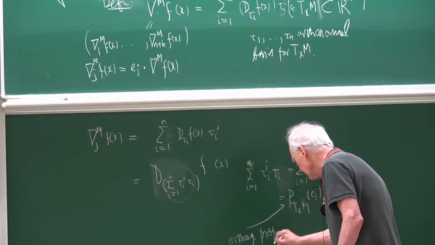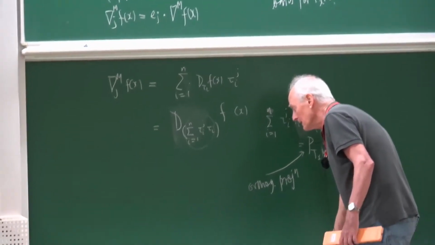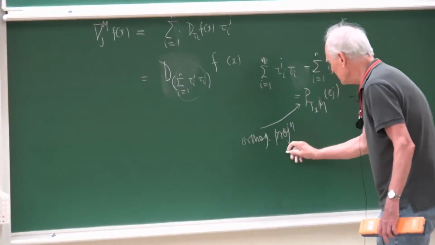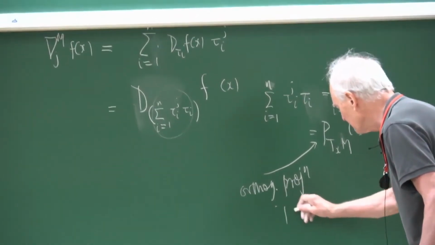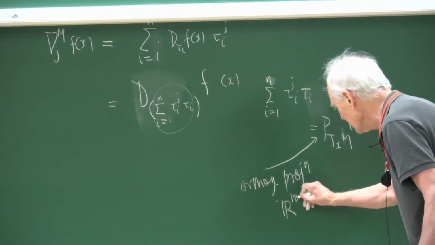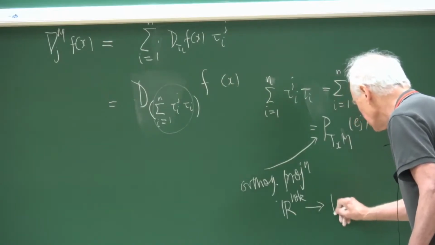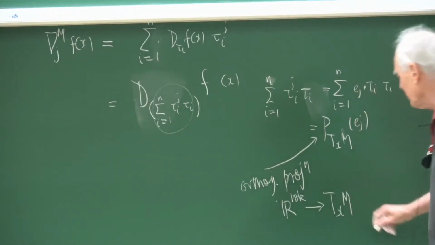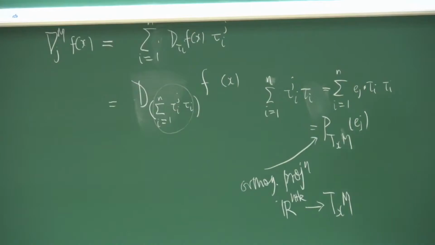That's the orthogonal projection of R^(n+k) onto the tangent space, T_x M. Exactly what it is. So a nice notation for that might be e_j^T, meaning the tangential part relative to the tangent space, the orthogonal projection into the tangent space. It's the tangential component with respect to this space.